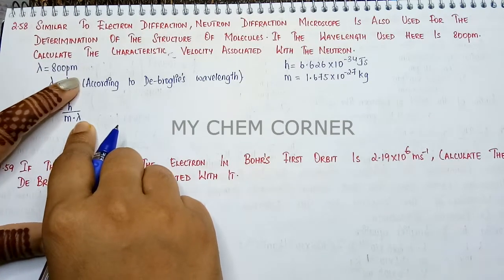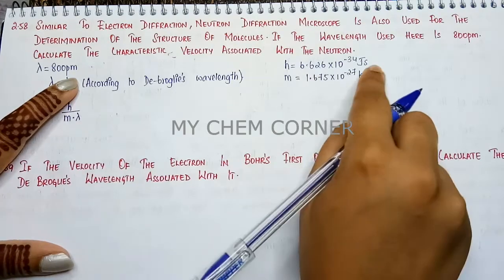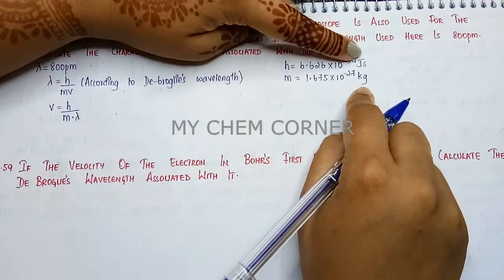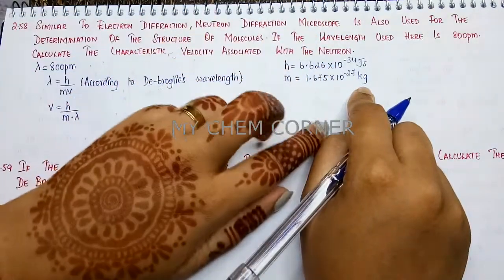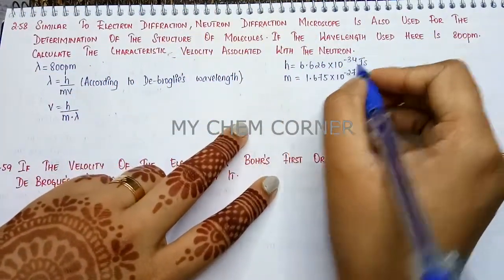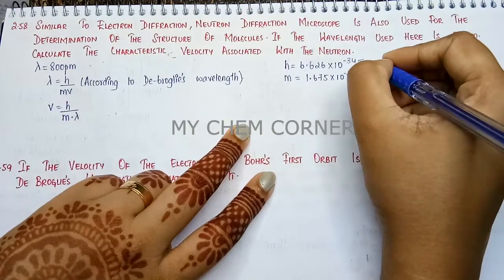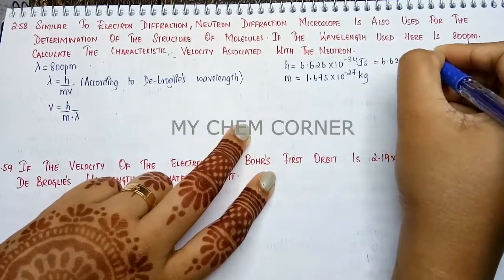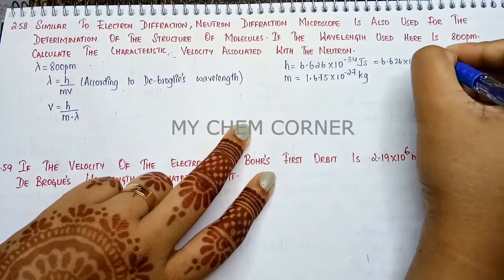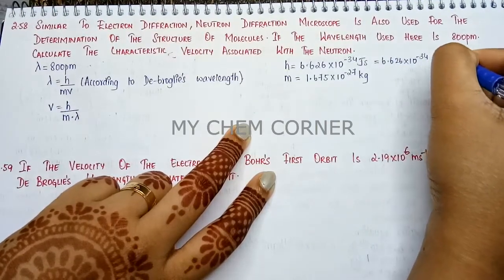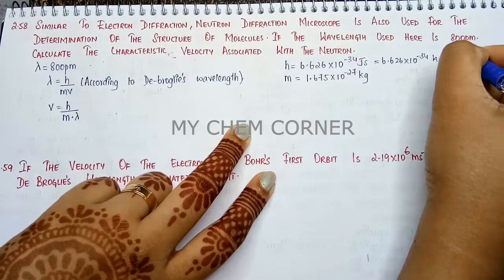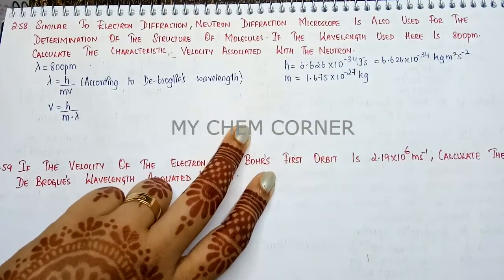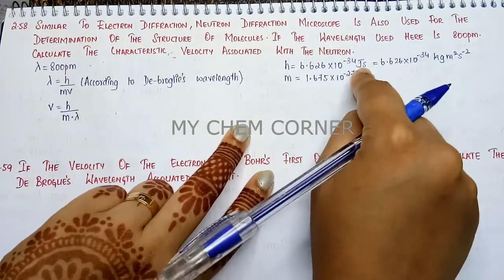But we can't have this in terms of picometer because here joule is there, kg is there. So we have to convert this joule into kgs. So here I'm going to write 6.626 into 10 to the power minus 34 kg meter square seconds minus 2. So 1 joule is this much of value in kg into the seconds that is here.